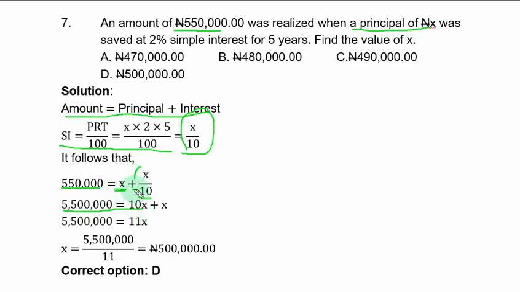You multiply this 10 by 10, you are left with s. If you add the right hand side, you have this result. If you divide through by 11, you have s equal to 500,000. That is the principal, the value of s. D is the correct option.